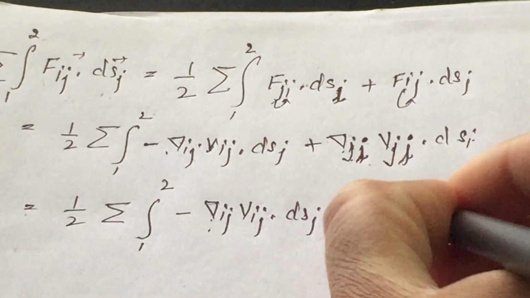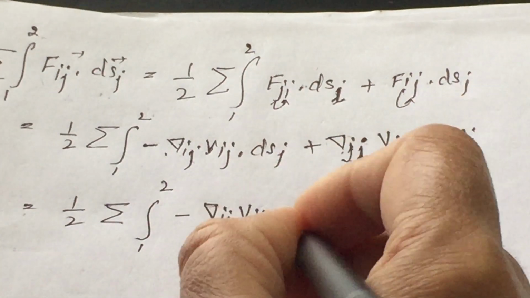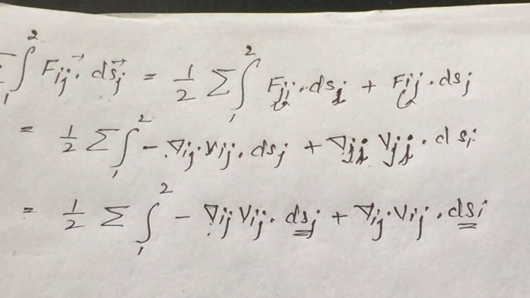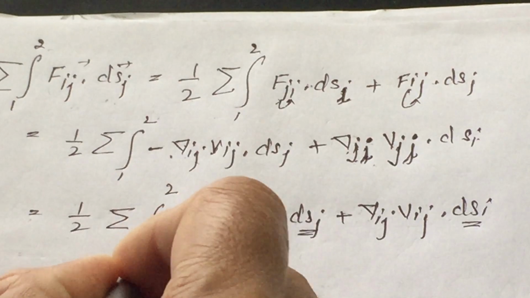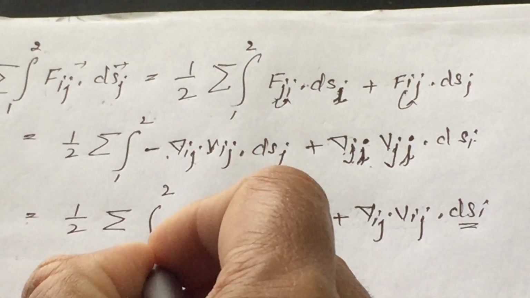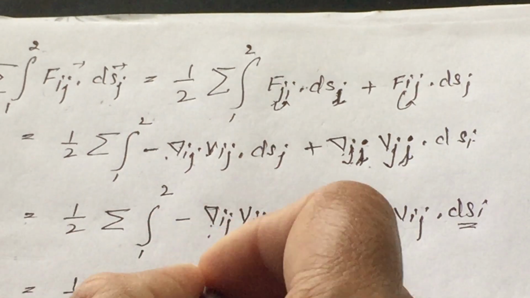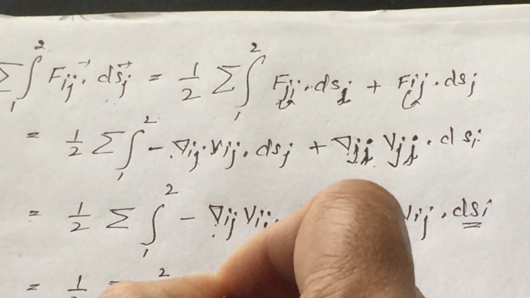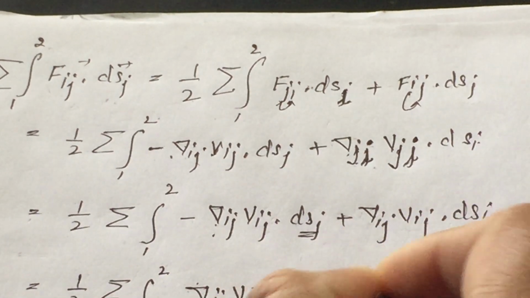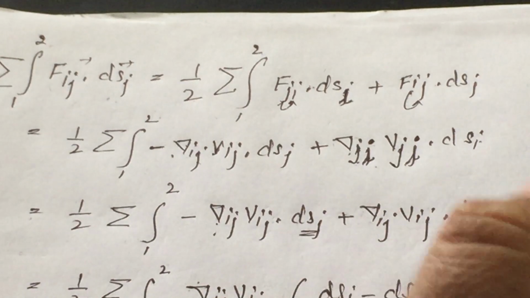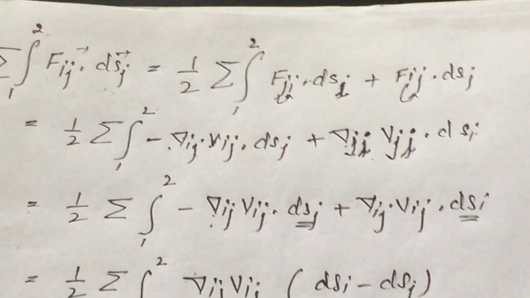So the difference is that here we get dsj and here we get dsi. Just take the common terms, and we will have del ij Vij and taking dsi minus dsj. This will be our last result.